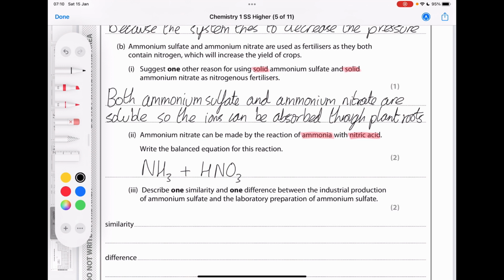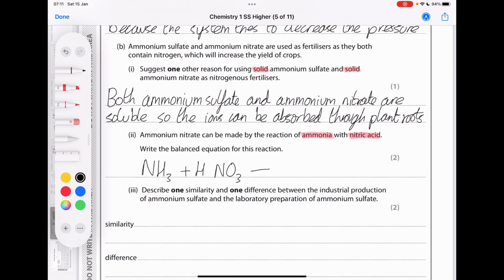Again, if you forgot the formula of nitric acid, you could always work it out. We know the nitrate ion is NO3 1-. We know all acids contain hydrogen, and the H+ and NO3-, the plus and minus cancel out, so nitric acid is HNO3.